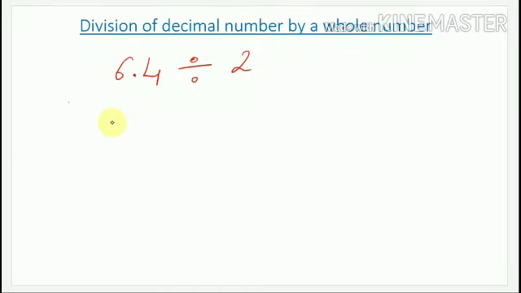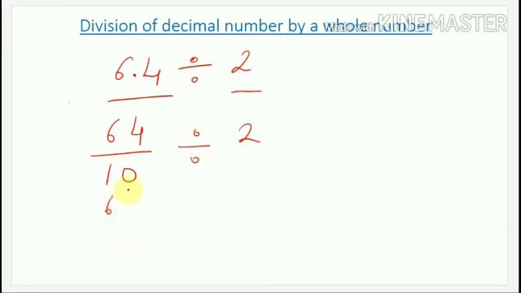Now division of a decimal number by a whole number. So this is the decimal number and this is the whole number. So convert this decimal number into a fraction. So it becomes 64 upon 10 divided by 2. In fraction division, we have to do as we have learned in fraction division. So division is converted into multiplication. So 64 upon 10 into the reciprocal of this number.